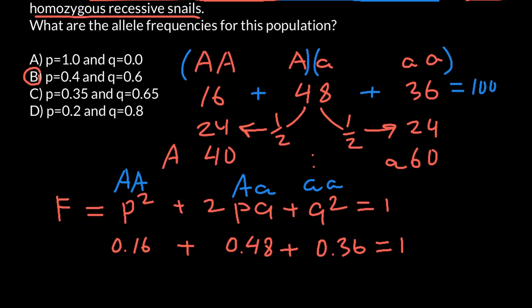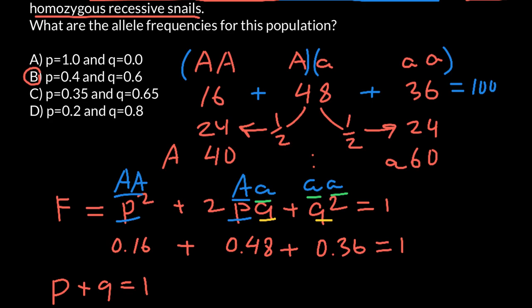So basically we have here only two alleles, again allele P and another allele Q, or once again, dominant allele A and recessive allele a. So another way we can solve this problem: we have only two alleles, P and Q. So if we add P and Q, we should get 1. And if we add the three genotypes that are made by these two alleles, we're also going to get 1.